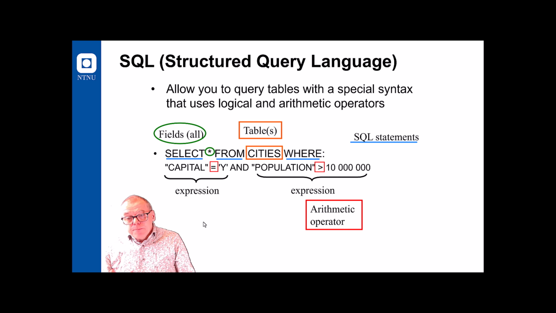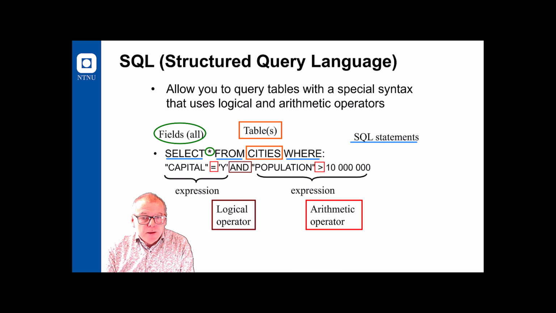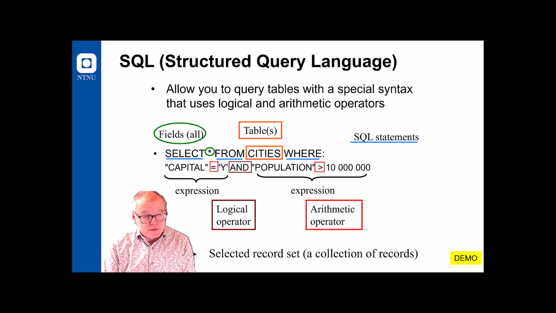And then we have arithmetic operators, equal and larger than. So we have an expression saying that we are interested in selecting every capital. And we have an additional restricting expression, since we are using the AND operator, that the population in this city should also be larger than 10 million people. So these two expressions are then combined using the logical operator AND. And we'll show a demo on this.